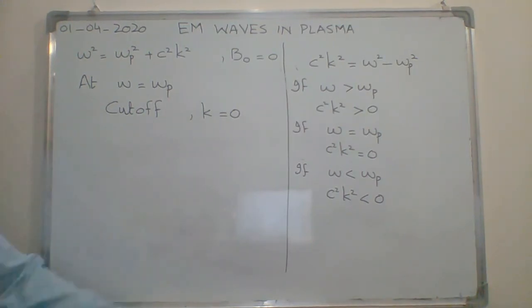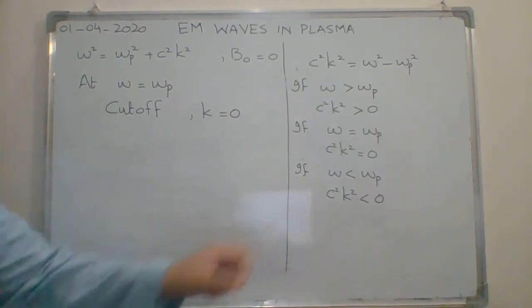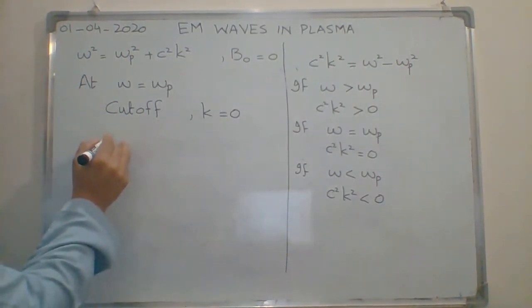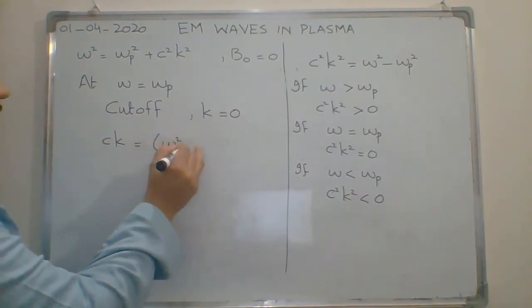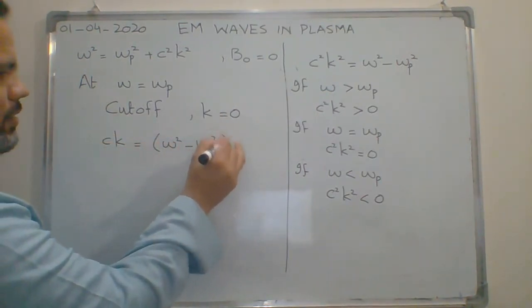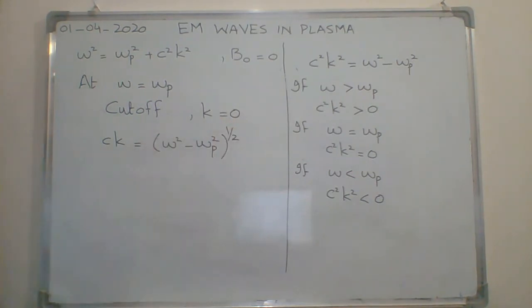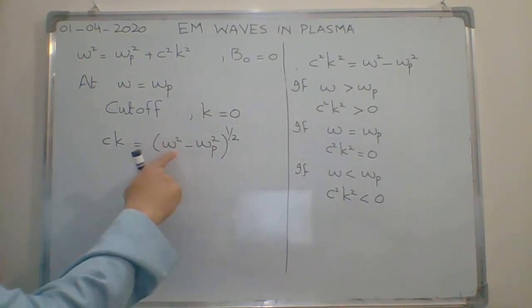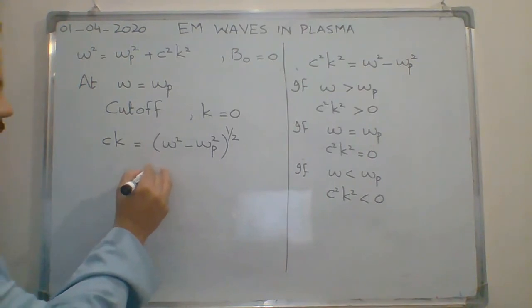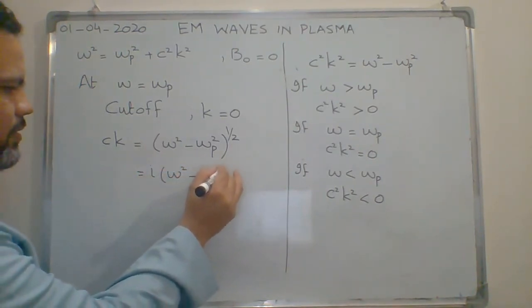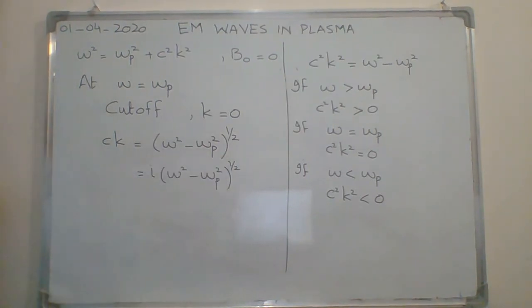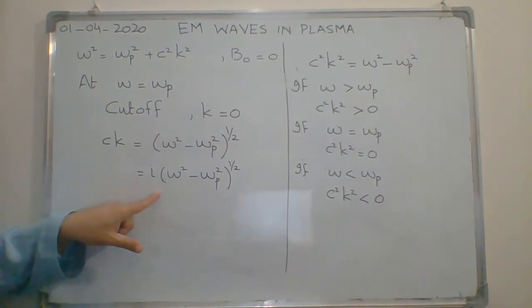Now, if omega is less than omega p, then ck will have an iota here. Now you can see that k is imaginary.